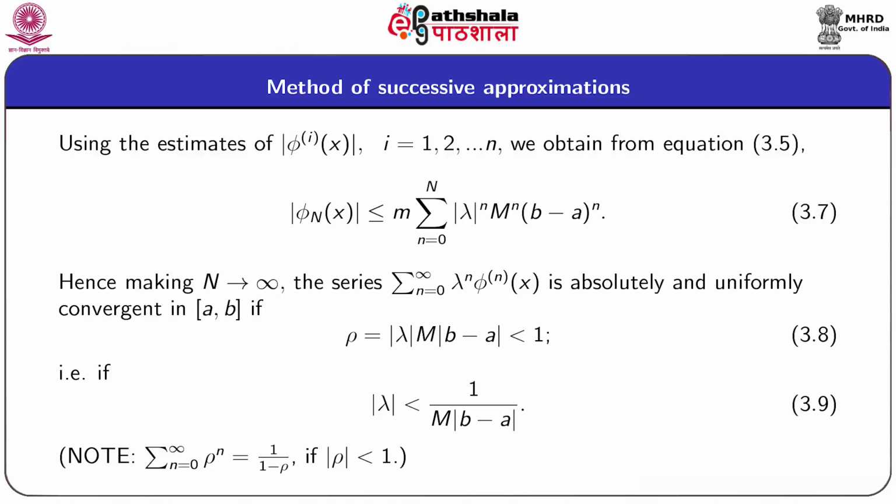Because we know that the summation n equal to 0 to infinity of ρ to the power n equals 1 by (1 minus ρ) if |ρ| is less than 1. We have applied the same concept. So, from 3.8 we see that |λ| should be less than 1 by capital M into (b minus a). If this condition holds, then only the series on the right hand side of equation 3.7 will converge absolutely and uniformly.